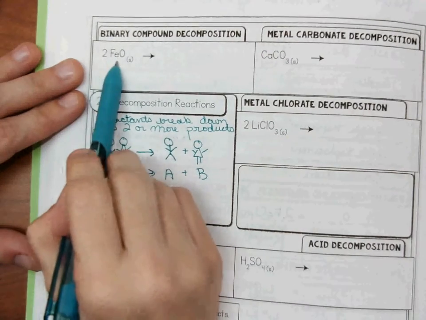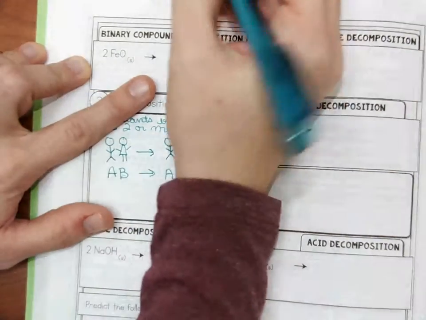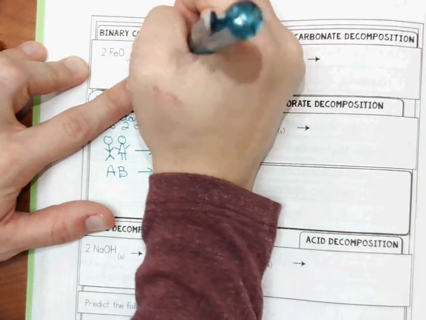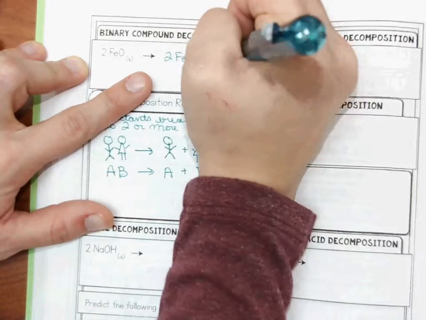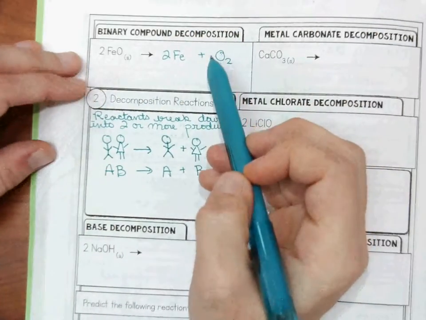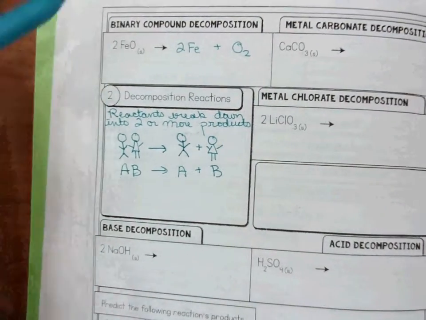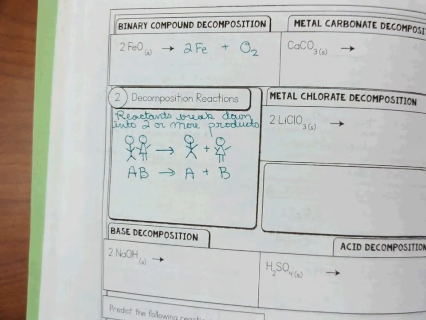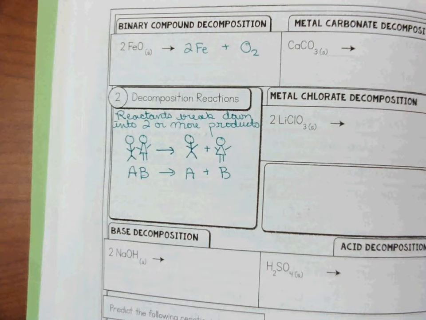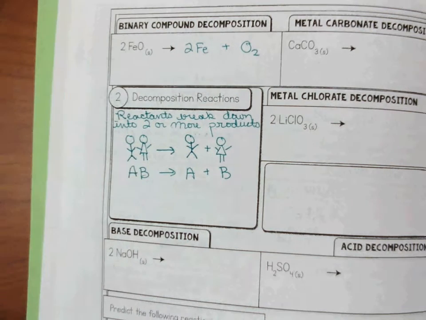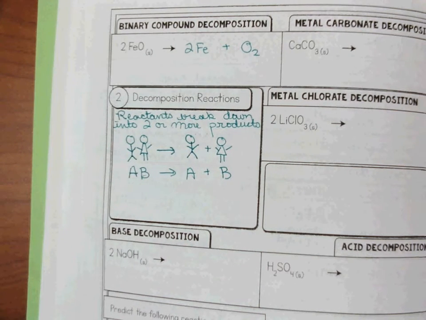So, on our first page, we produced FeO. Here we're going to get 2Fe plus O2. Now, remember, it's not just oxygen because oxygen can't exist by itself. Oxygen is highly reactive.